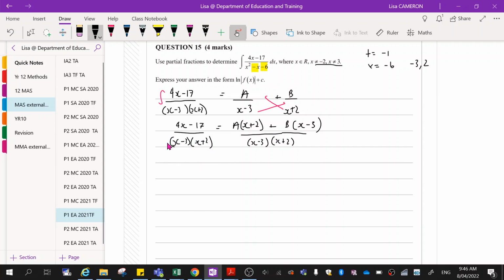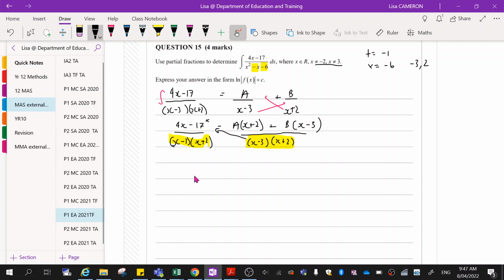Now, the reason why I've written it over these two fractions is because sometimes in your textbooks, they skip this step and you guys think it happens by magic. But what really happens is this part that I'm highlighting here, when it comes over to this side and multiplies that expression, it cancels out the bottom. So it will cancel this section out, and then I'm only left with the top section.